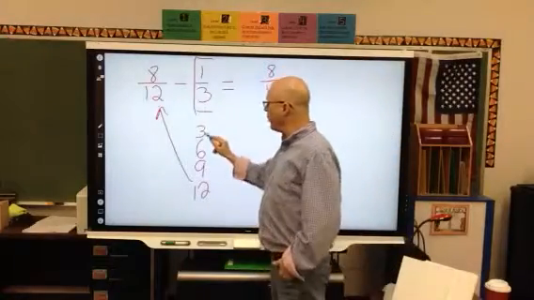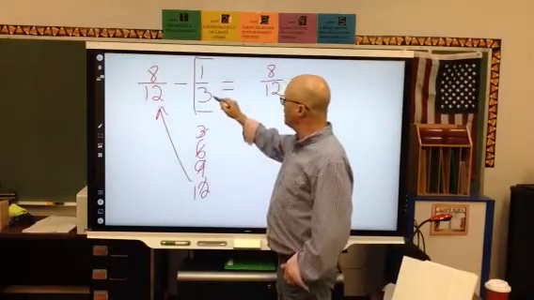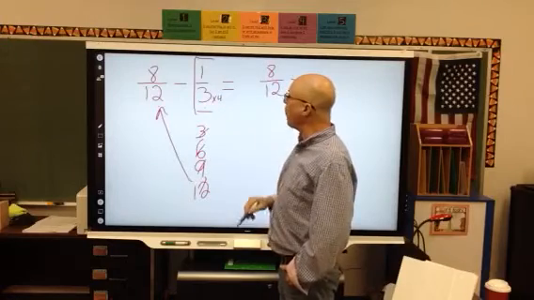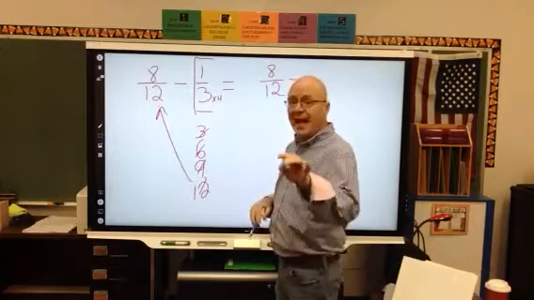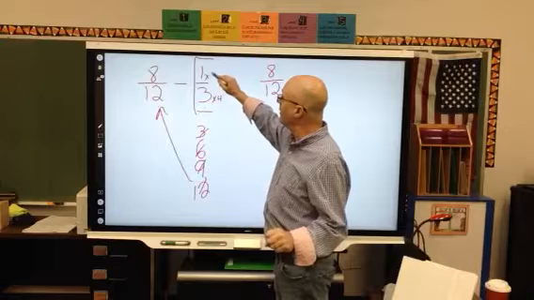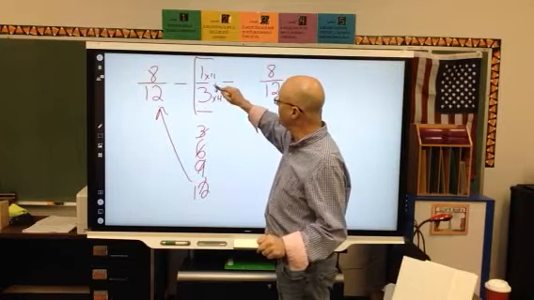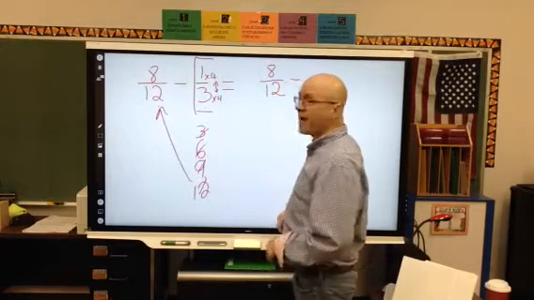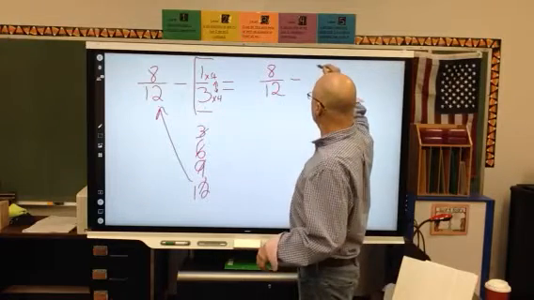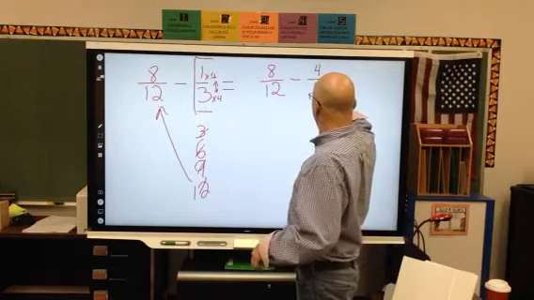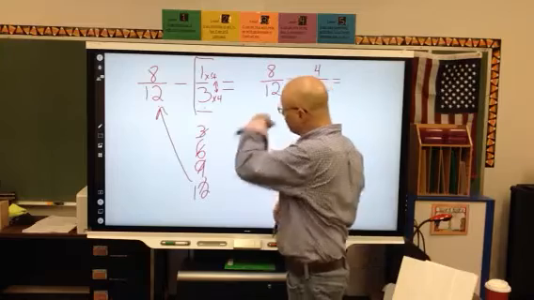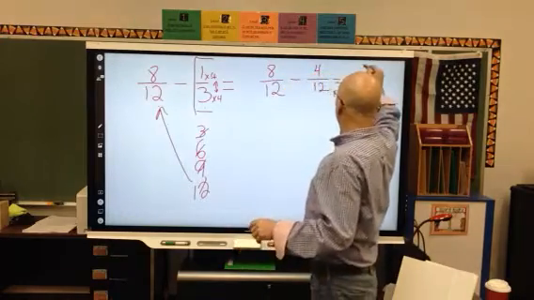I multiplied it by 1, 2, 3, 4. So I did 3 times 4 to get my 12. Now I've got to multiply the top number by that same number. 4 times 1, so I'm going to subtract 4/12. And I'm going to get 4/12.